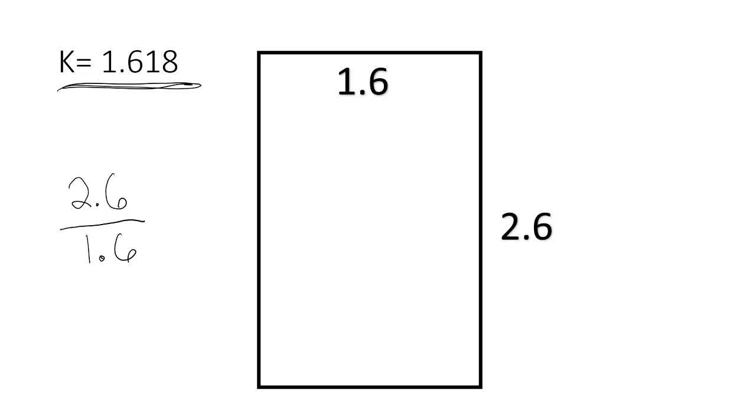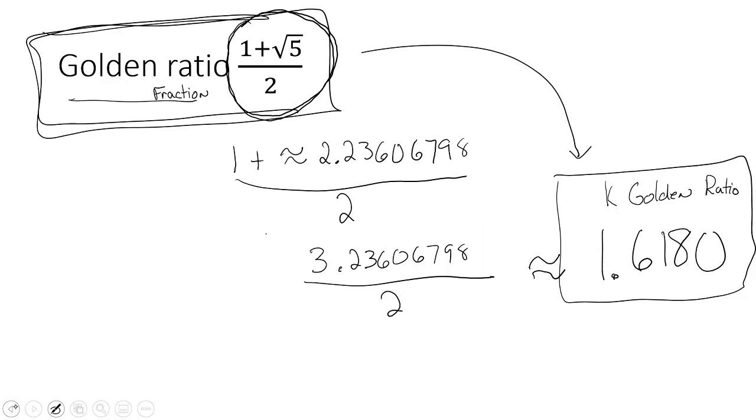So I'm going to do 2.6 divided by 1.6, and I get 1.625. And I'm going to give you a leeway of saying between 1.60 and 1.64. Anything in there will be a golden ratio, a true golden rectangle.